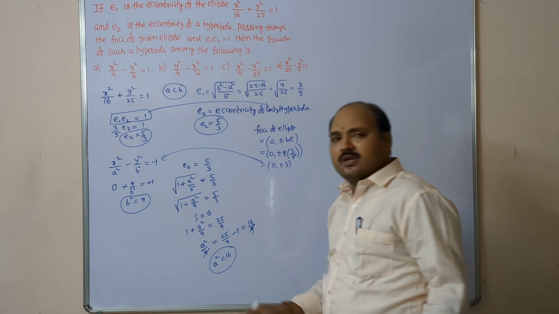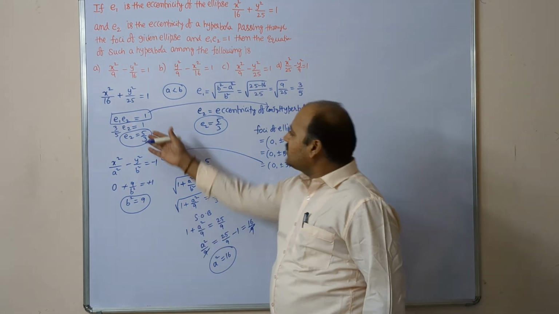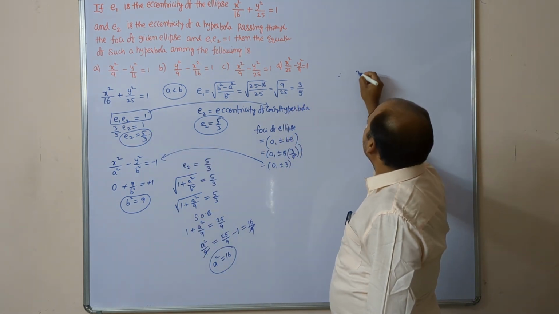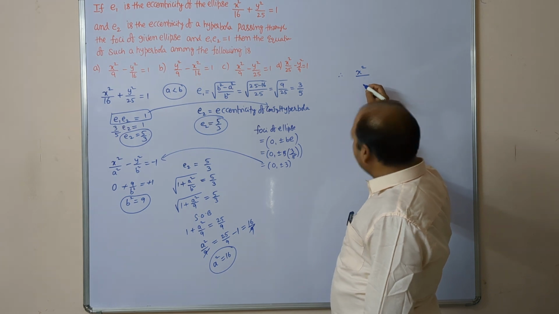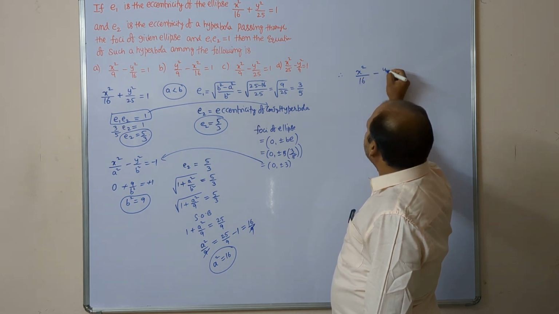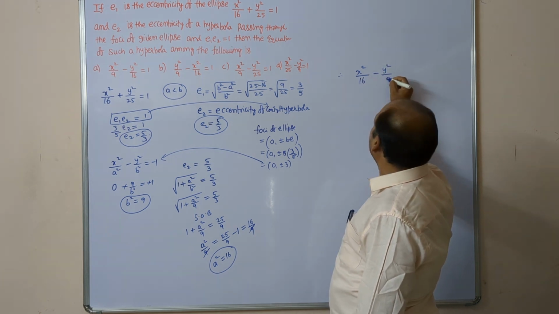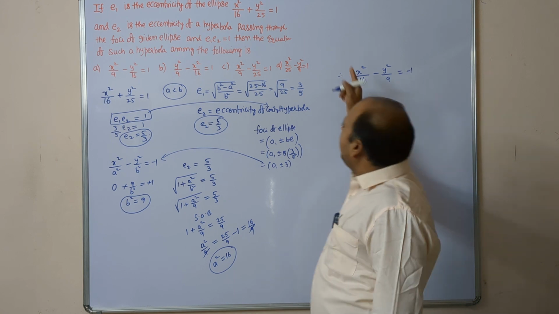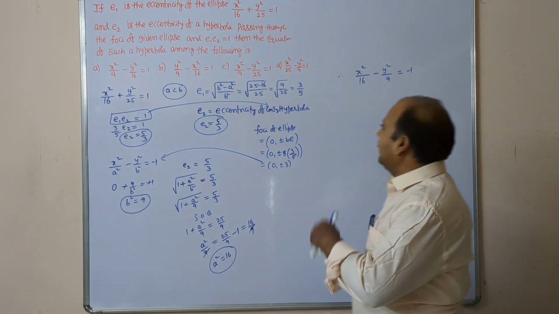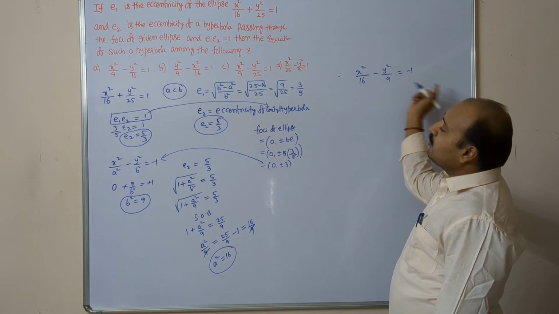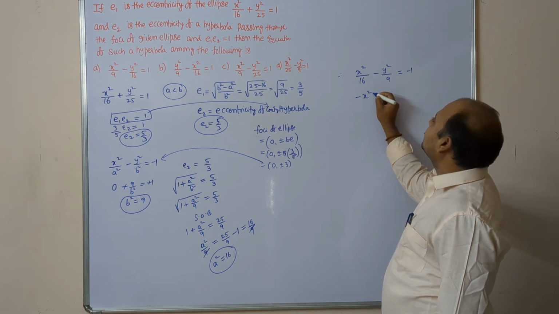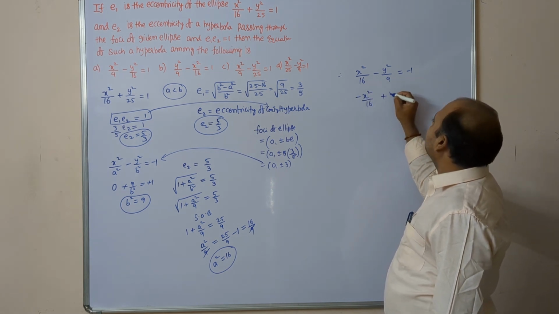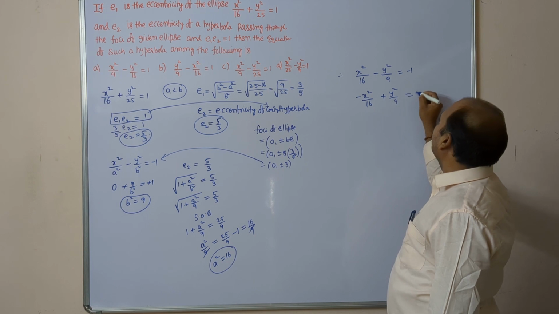So we will get the answer directly. Substitute the a square and b square values: x square by 16 minus y square by 9 equal to minus 1. But nowhere is minus 1 mentioned, so multiply on both sides by minus: y square by 9 minus x square by 16 is equal to 1.